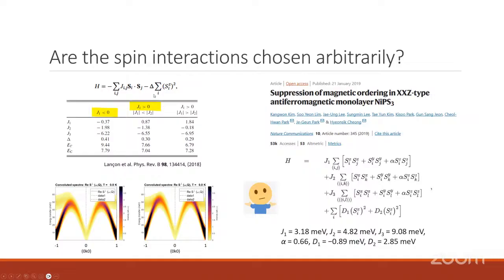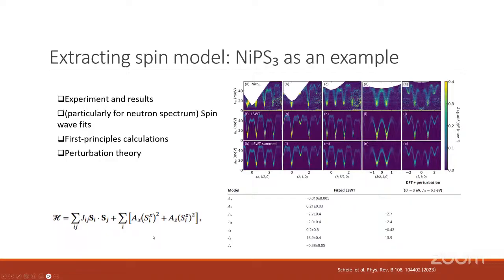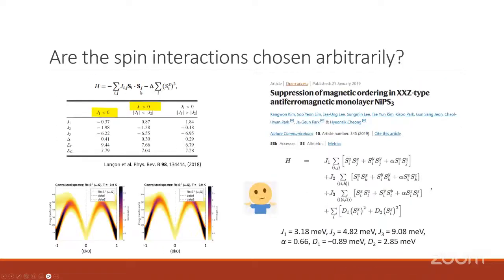I take one example from this paper. So this is the same Hamiltonian for an MPX₃, but it looks slightly different from the previous one. However, when people put either antiferromagnetic interaction or ferromagnetic interaction for the nearest neighbor nickel-nickel spin interactions, it generates a very similar magnon spectrum.